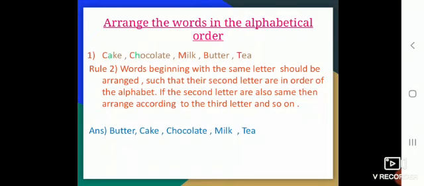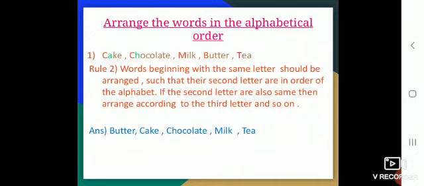So after butter we have cake and chocolate. So among cake and chocolate, as the first letter C is common, let us move on to the second letter, sorry, that is A from cake and H from chocolate.